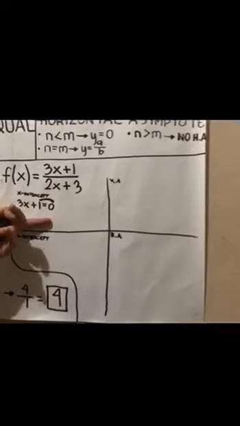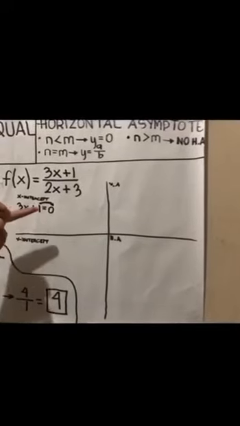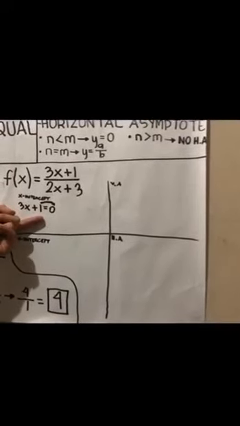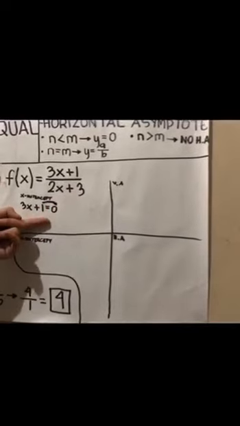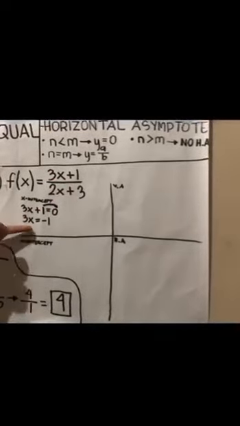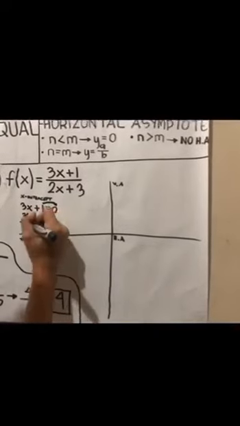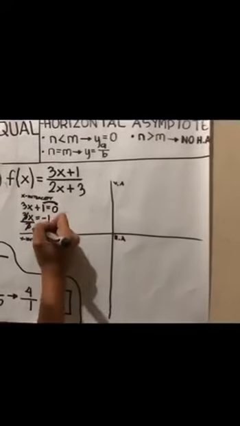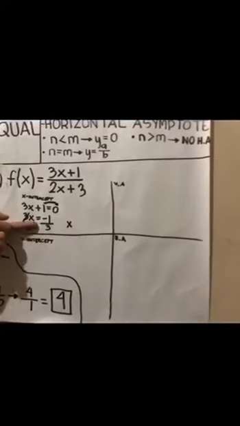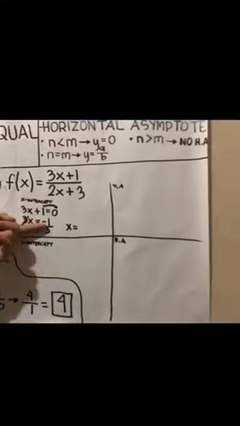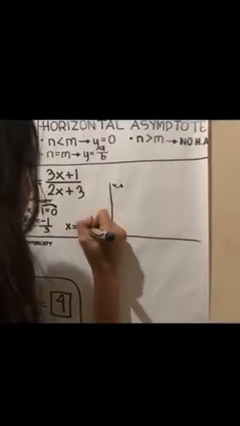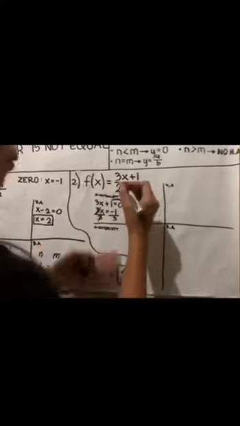Just take note that if we transpose the number, we need to change the sign. So positive 1, if we transpose it to the right side, will give us negative 1. Then we divide this by 3. Cancel this one, so the remaining is x equals negative 1 divided by 3. So this is our final x-intercept.